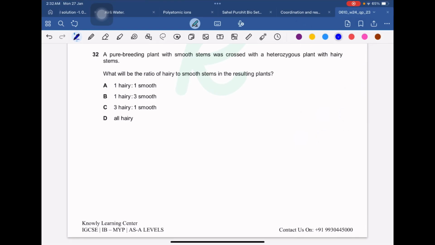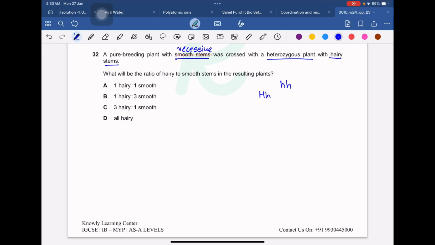A pure breeding plant with smooth stems was crossed with a heterozygous plant with hairy stems. What will be the ratio of hairy to smooth stems in the resulting plants? Now, if it's a pure breeding plant, it means it's homozygous, and having a smooth stem means the smooth stem is a recessive trait. So let us say smooth stems will be small h, and heterozygous means it will be capital H small h.